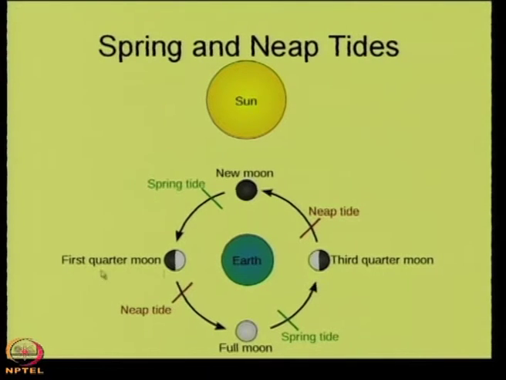At neap tide, the high tide will not be so high, the low tide will not be so low. So, if you want to see spectacular tides, you will get them during the new moon or the full moon. Whereas, in the first quarter or the third quarter, when the sun and the moon are perpendicular, the tides will be there, but they will not be so severe.